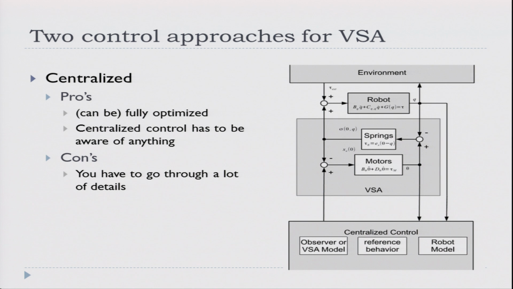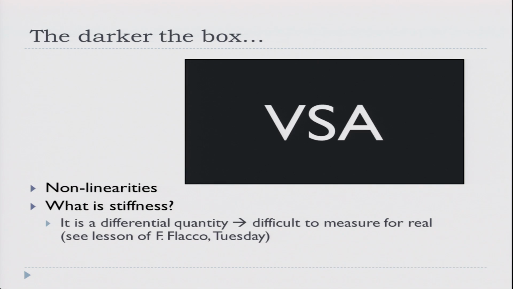So why? What are these details that you have to go through? Essentially, it is the nonlinearities of the system. As I told you before, most of the variable stiffness actuators rely on nonlinear transmissions, nonlinear springs, that's why they are more difficult to control.